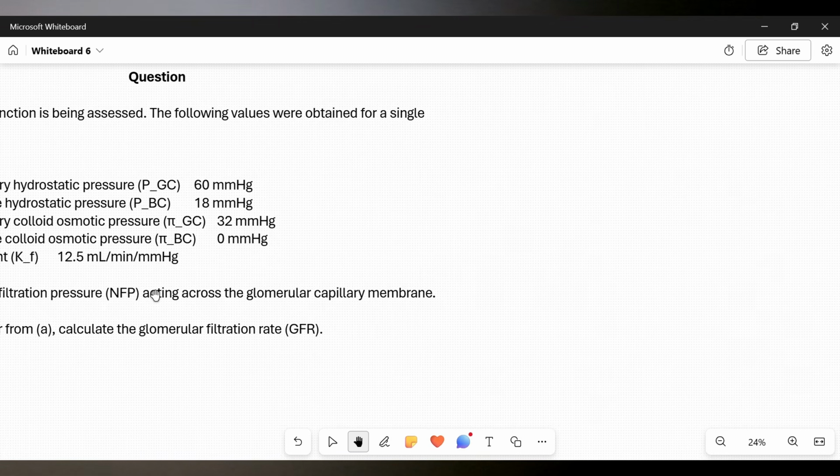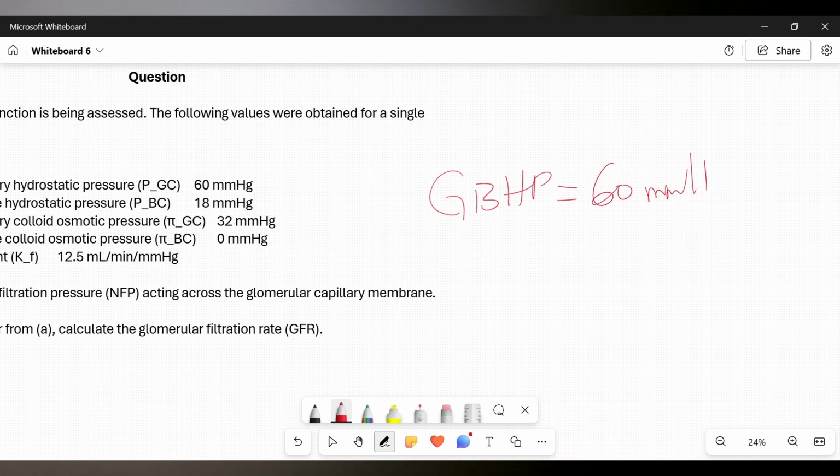We have our glomerular blood hydrostatic pressure, and I'll write this here as GBHP, to be 60 millimeter mercury. We have our capsular hydrostatic pressure to be 18 millimeter mercury.